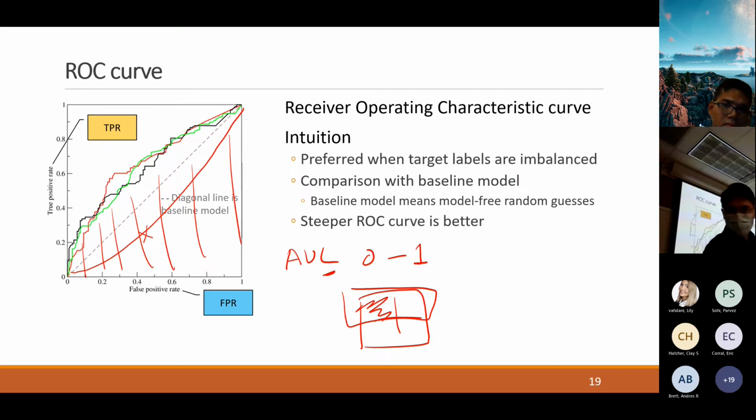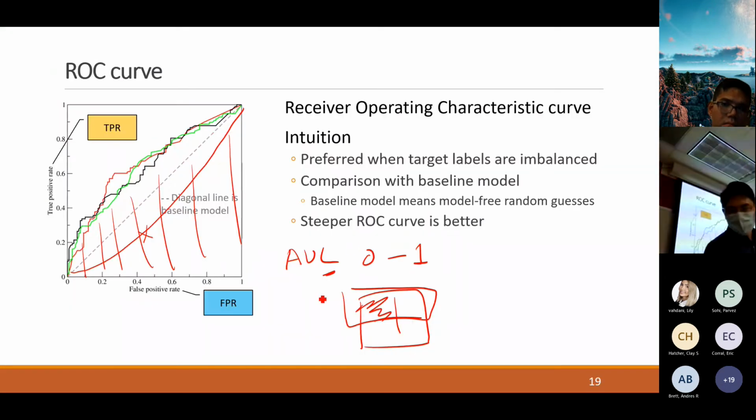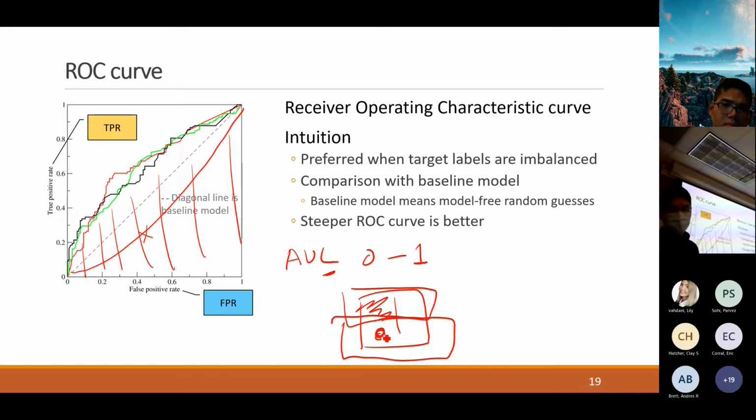And false positive rate would focus on the negative outcomes. This is false positive. So false positive rate would be the percent of false positives among all the negative outcomes.